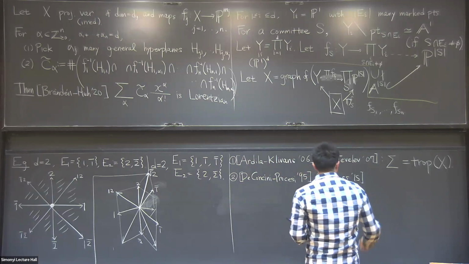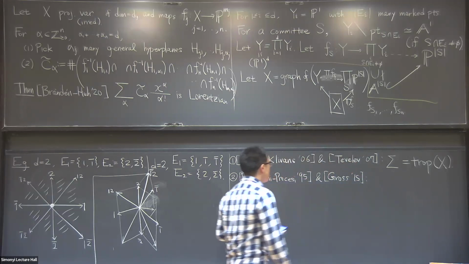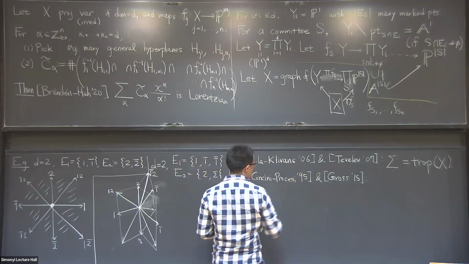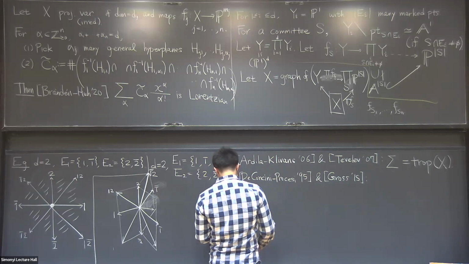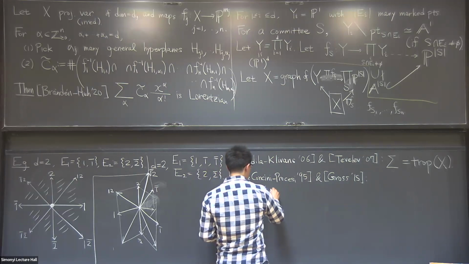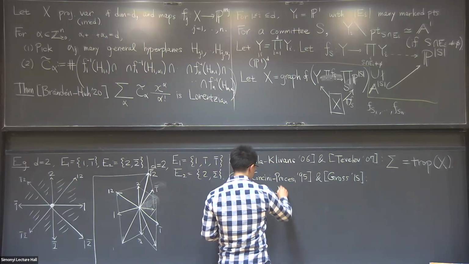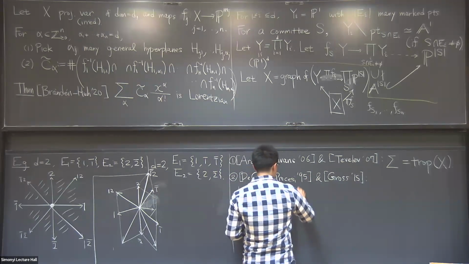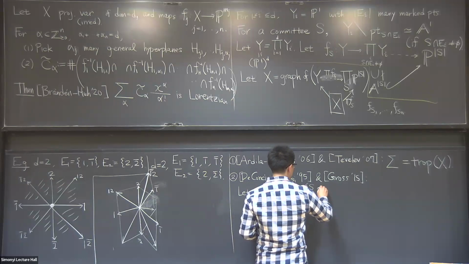Let me summarize one upshot of applying some theorems from these works. Let's say I have a tuple of real numbers, A sub S, indexed by S, where I have one real number for each committee.